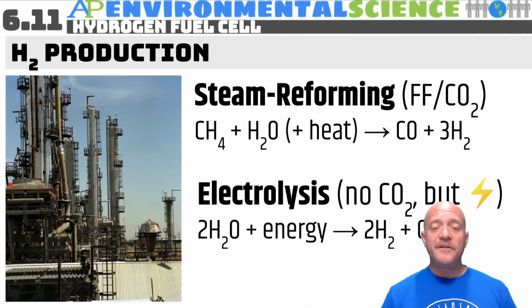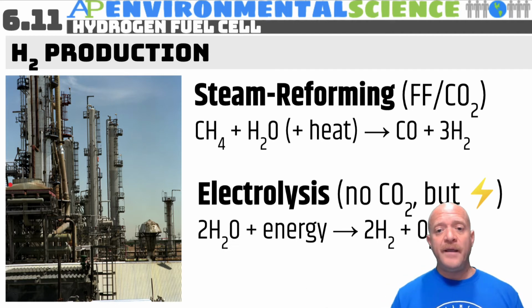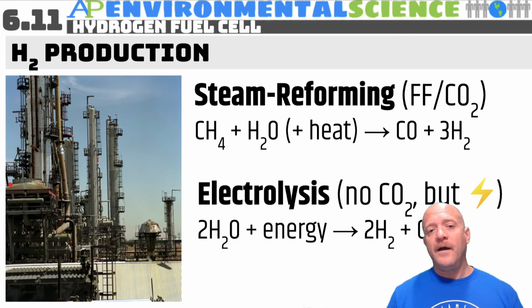Now, there are 2 ways we can get the hydrogen, and they're both not really cost effective yet. One of them is called steam reforming, and I don't really think you have to specify these different methods. However, you should be familiar that they do release carbon dioxide either directly or indirectly.